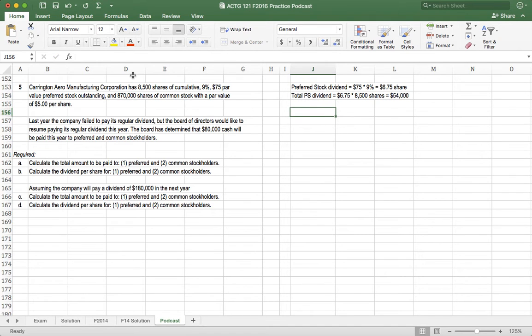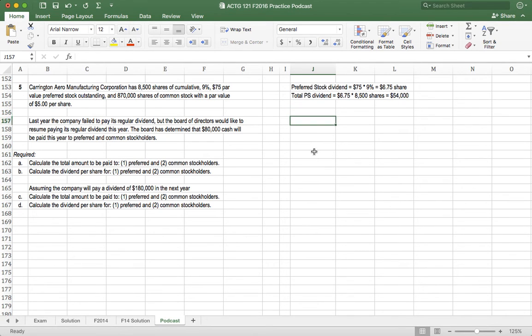It's an obligation because this is cumulative. They owe this dividend every year. They may not be able to pay the dividend as it says right here. Last year the company failed to pay its regular dividend. They still have the obligation. So let's say last year was 2014. We're in 2015, and next year would be 2016.